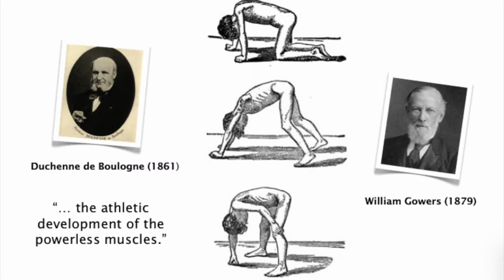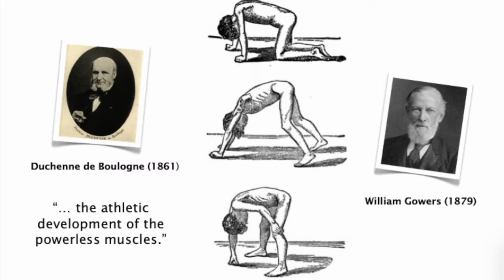Then Dr. William Gowers, the gentleman to the right, described the way in which boys intuitively learn how to get up, the Gowers sign. These are the words that we use to communicate, and this is how we can try to recognize this condition today.